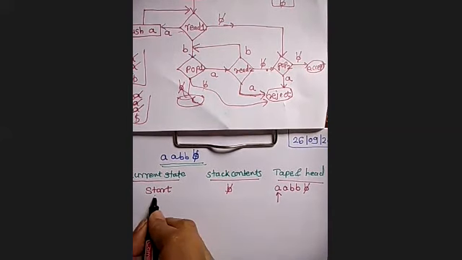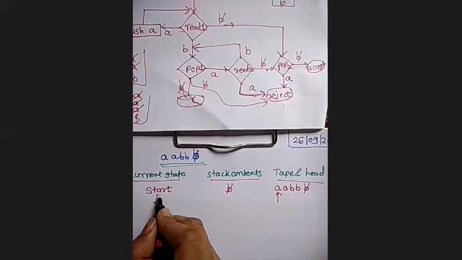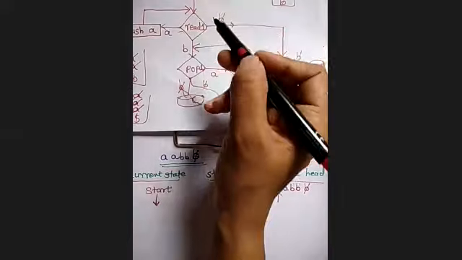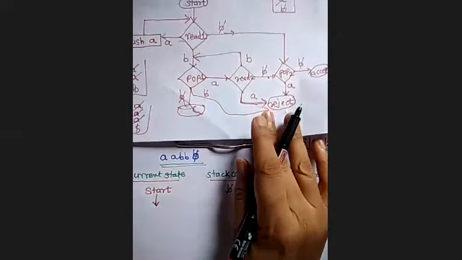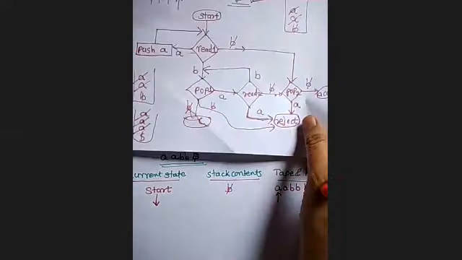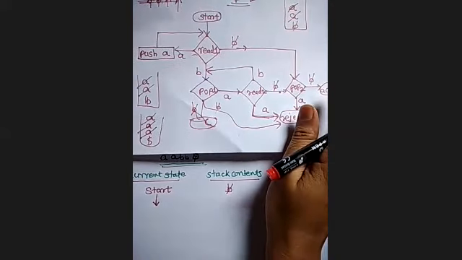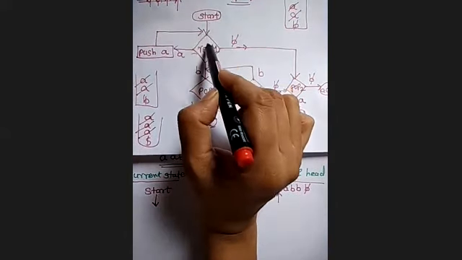Now here we'll show the arrow and the next step, and that arrow will be labeled with the character that is to be read. So from this start I am drawing an arrow. What does this indicate? After start, what is the next state? You can see in the diagram, after start, the next state is read 1.